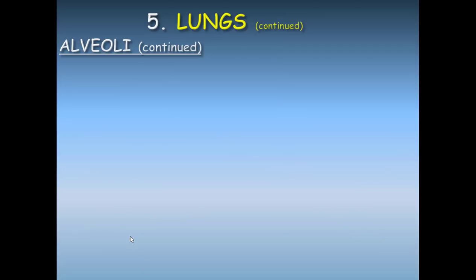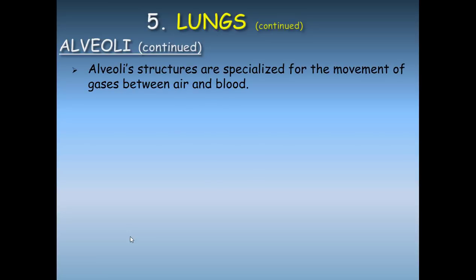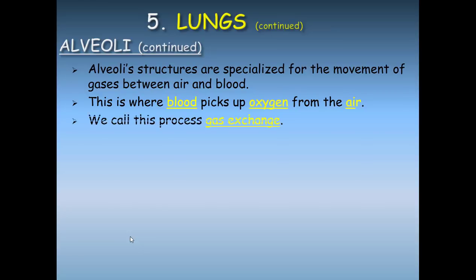Now we're going to talk a little more about the alveoli, because these structures are really important in terms of respiration. The structures of the alveoli are specialized for the movement of gases between the air and your blood. This is where your blood actually picks up oxygen from the air. We call this process gas exchange.